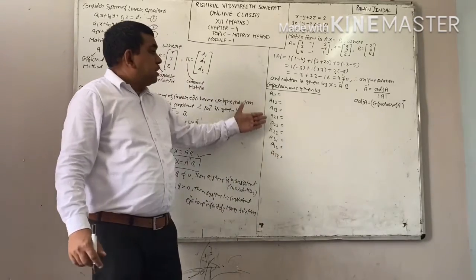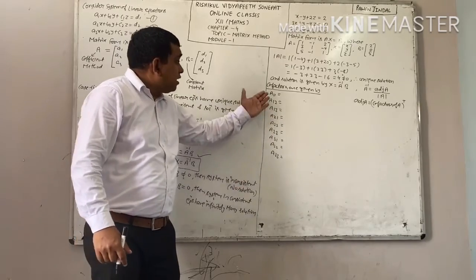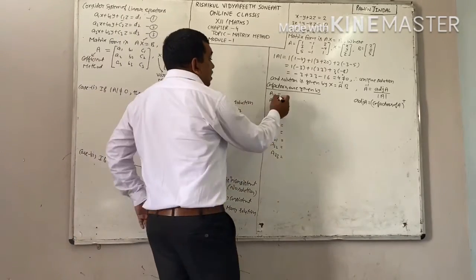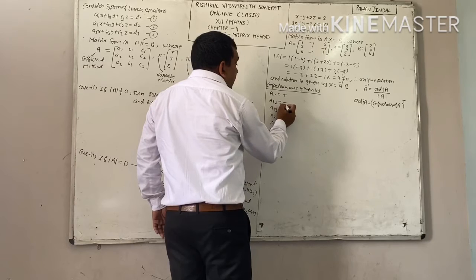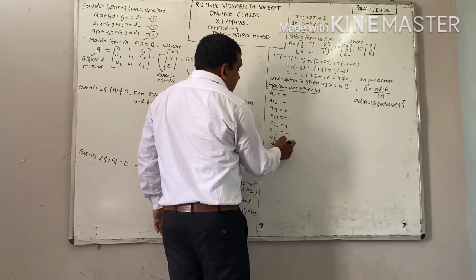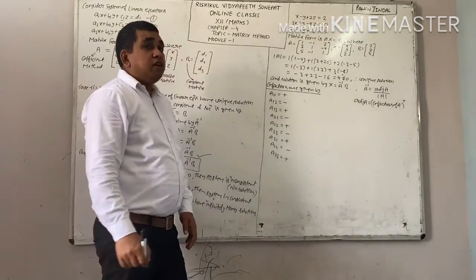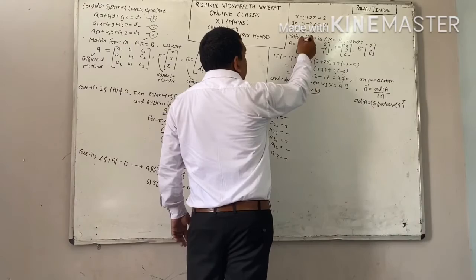First of all, put up the sign. And in 3 by 3, alternate positive negative sign comes. Always positive, negative, positive, negative, positive, negative, positive, negative, positive.